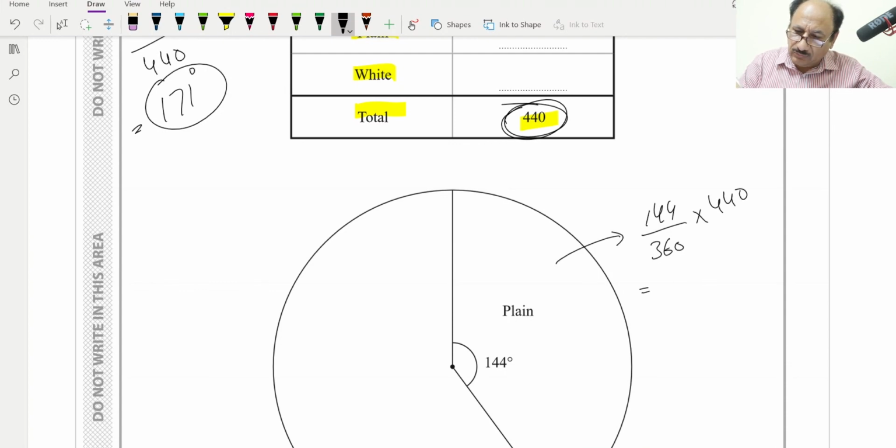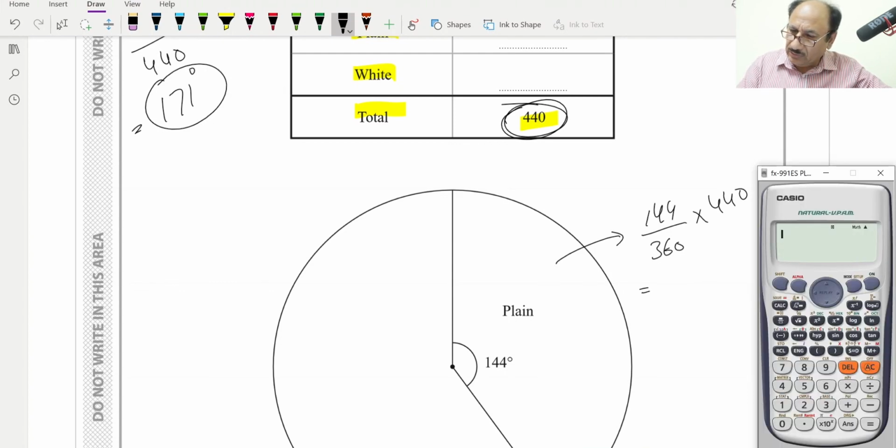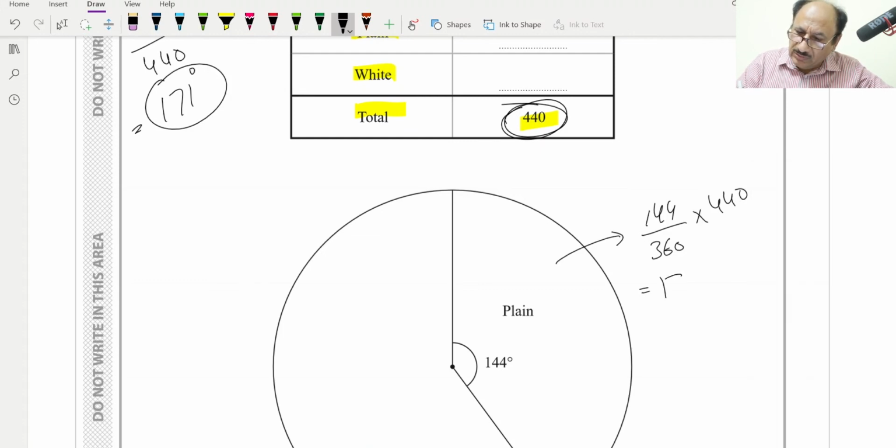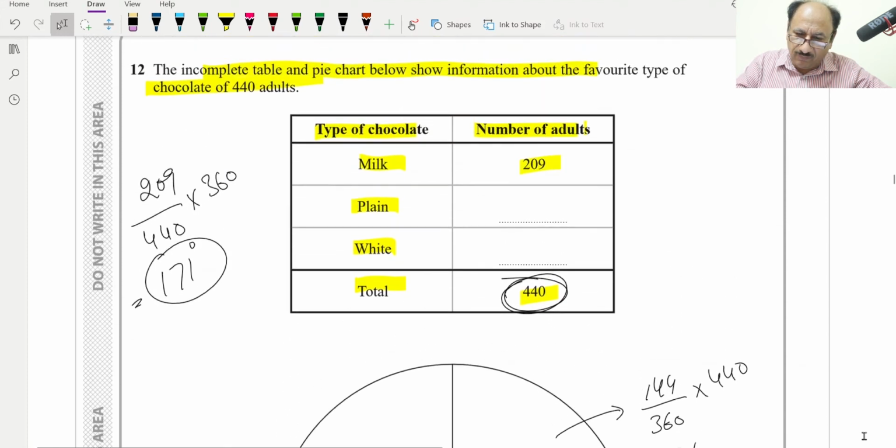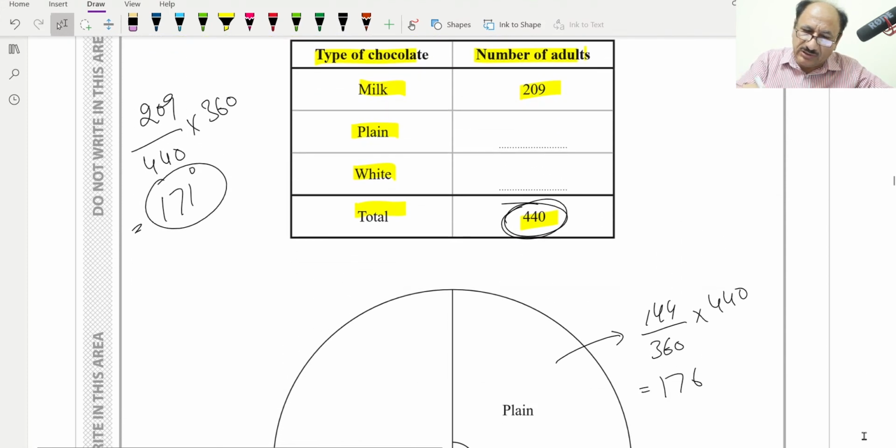So this will give us the number. We calculate 144 divided by 360, multiplied by 440, and this is equal to 176. So 176 will not be an angle. This will be the number of adults, 176 for plain. So 176 will be for this one.